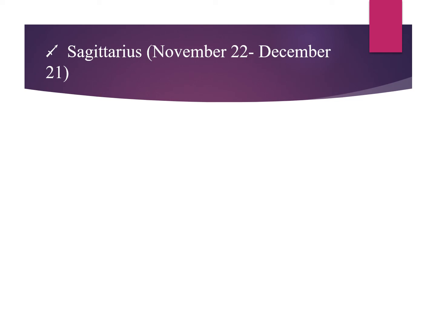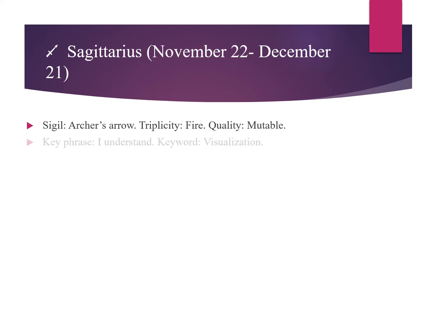Sagittarius. Sagittarius runs from November 22nd through December 21st. The sigil for Sagittarius is the archer's arrow. Its triplicity is fire, and its quality is mutable. The key phrase for Sagittarius is I understand, and its keyword is visualization.